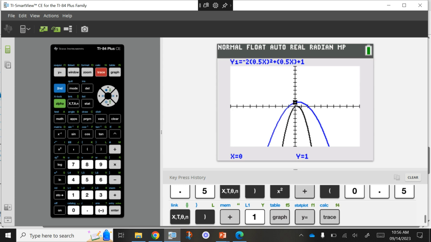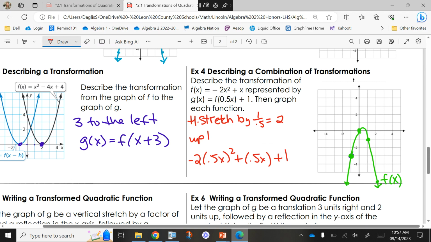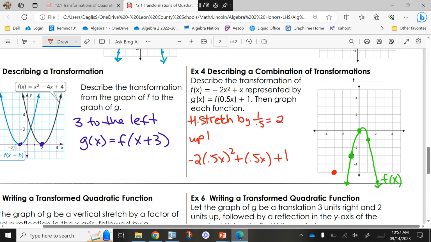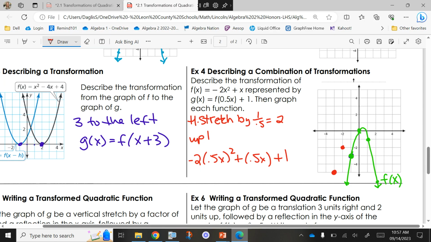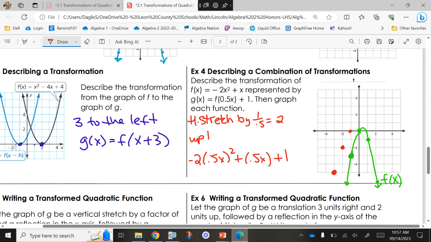All right, so here's our graph. Let's plot some points. Let's go to my table. So we got some good ones. -3, -5. Then I have -2, -2. I have -1, 0. I have 0, 1, and 1, 1.